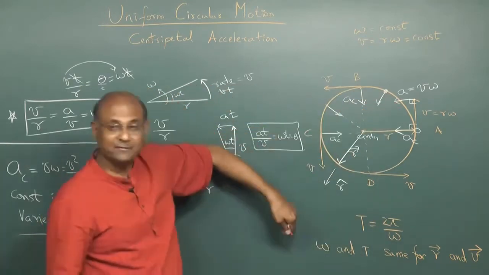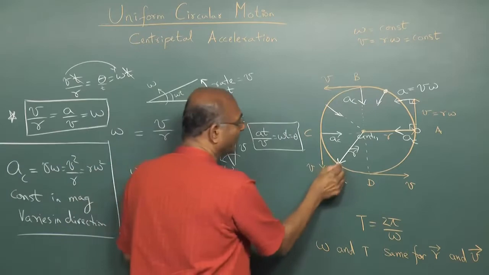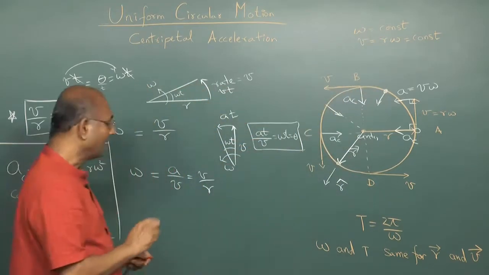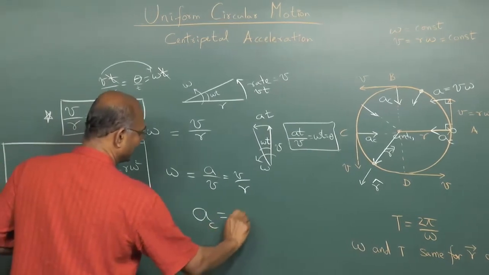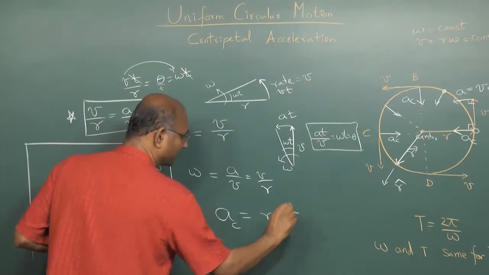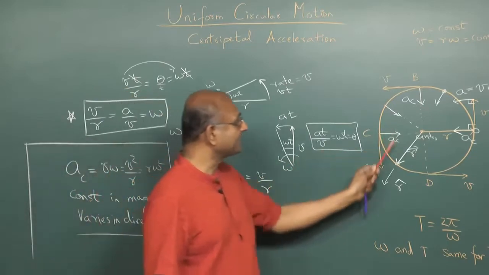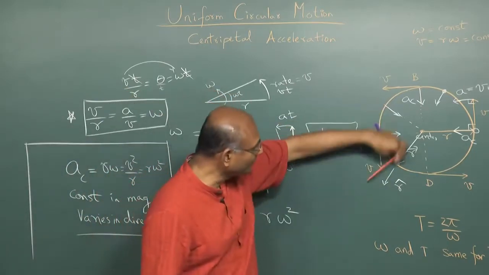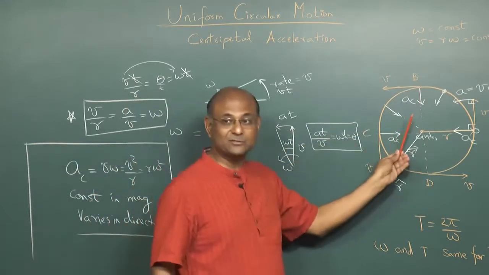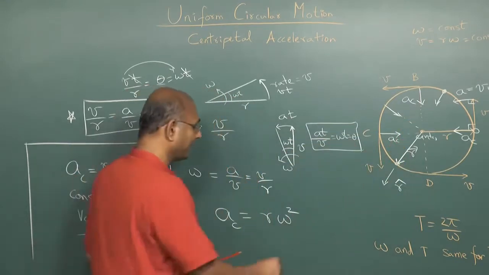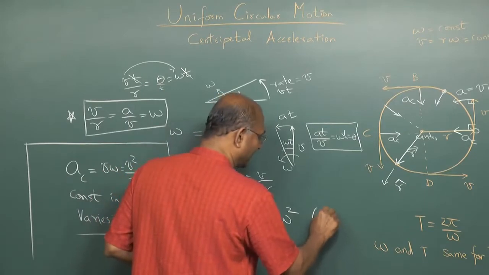It is pointing away. But the acceleration is pointing this way. How much is the acceleration? Centripetal acceleration is r omega square in this direction. But if the unit vector in this direction we called r cap, the unit vector in that direction, we should call it minus r cap. So what direction? Minus r cap.